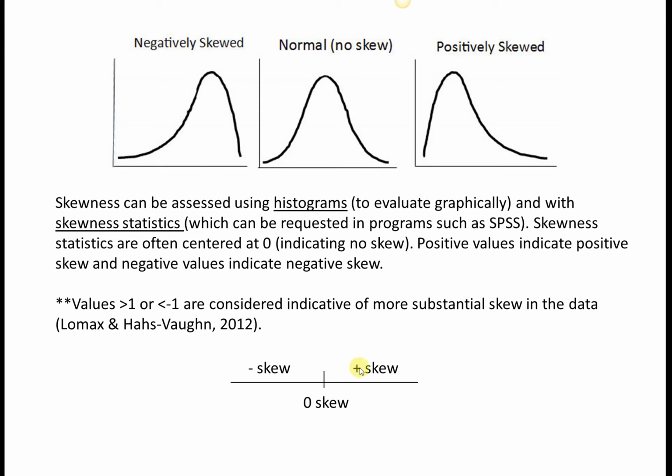So if we have a skewness statistic falling between -1 and +1, then, according to this rule of thumb, we would infer that the distribution is reasonably consistent with normality.